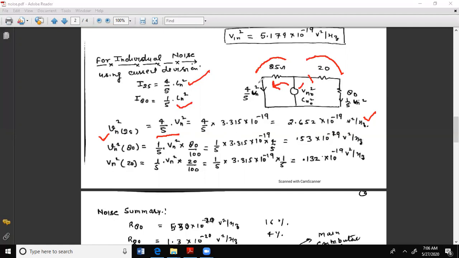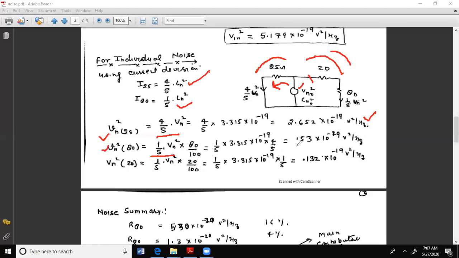Okay, now on the right-hand side we have two resistances. So the total noise power voltage is divided between the two resistances, 20 and 80. The 80 ohm has the higher value, so the noise due to the 80 ohm is higher than the 20 ohm. Mathematically, Vn square is equal to the total noise on the right-hand side, which is one-fifth Vn square, multiplied by the factor of resistance 80 divided by the total resistance on the right-hand side, that is 80 plus 20.